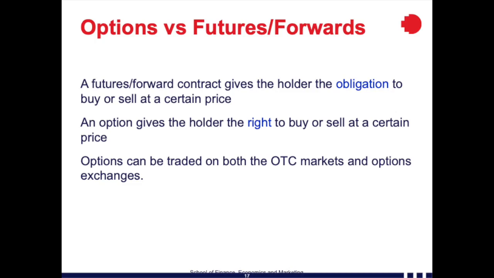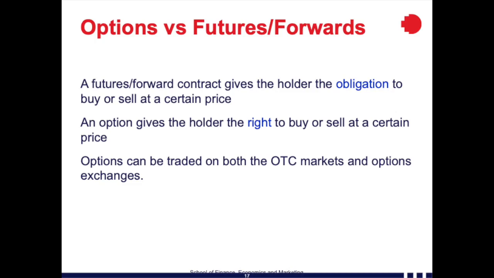The fundamental difference between the option and futures is in the obligation of the parties involved. You can see in the forward and futures, both parties are equally obligated to the contract. They have the obligation to fulfill the contract, all right? Because they do not need to pay anything at the beginning. But for the option contract, one party will pay another party the premium at the beginning.